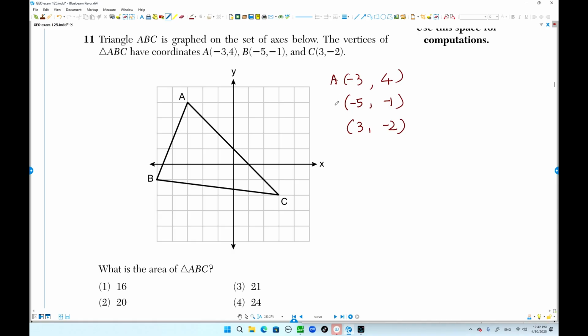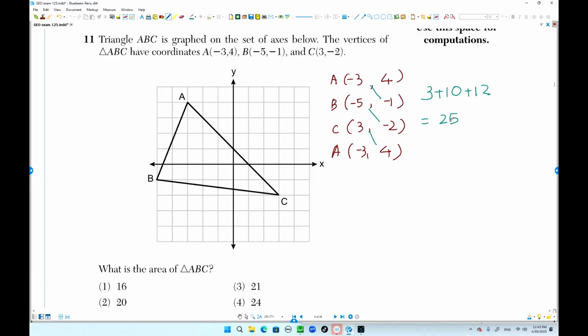You have to go back: A, B, C, and the next is A again. Finally, go back to negative 3, 4, right? So I'm going to do this way, this way, this way. Negative 3 times negative 1 is positive 3. Negative 5 times negative 2 is positive 10. 3 times 4 is positive 12. The sum of this one is 25.